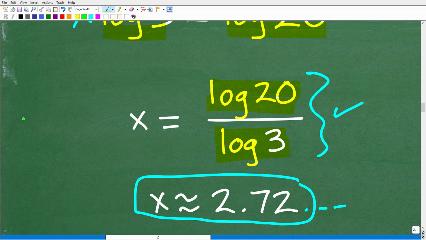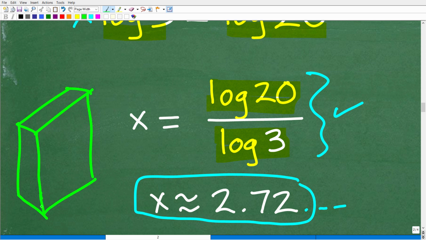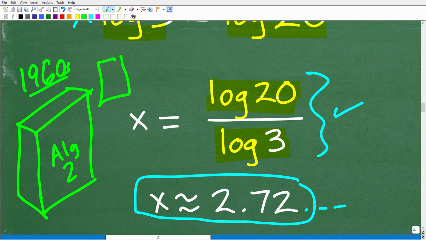Back in the good old days, just so some of you younger folks can appreciate, when you studied a book like, let's say, Algebra 2, an old school 1960s or early 70s version, guess what? You didn't have a calculator back in those days. When the first basic calculators came out, I think in the early 70s, they were like $10,000 or some crazy price like $5,000. Only engineers and such really had those.